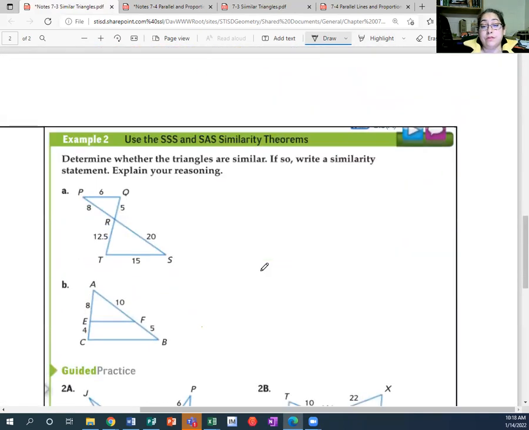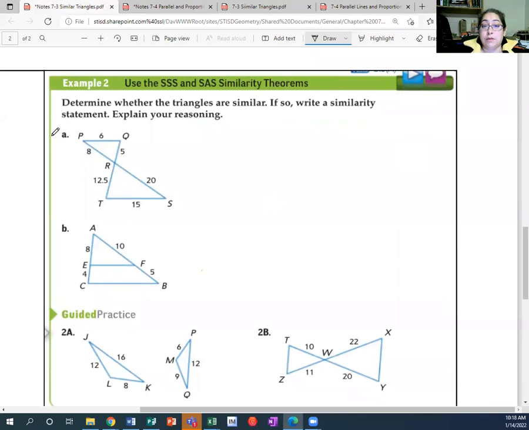Let's apply those to here. I'm going to do A, and I'm going to do 2B. All right, looking at A first. Looking at this, I can use either side, side, side, or side angle side.